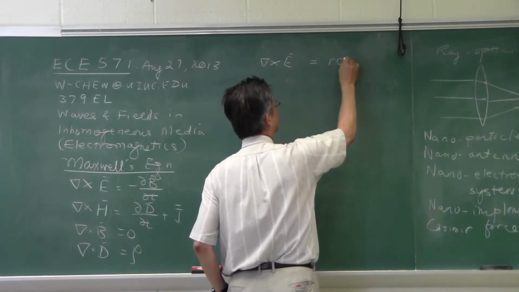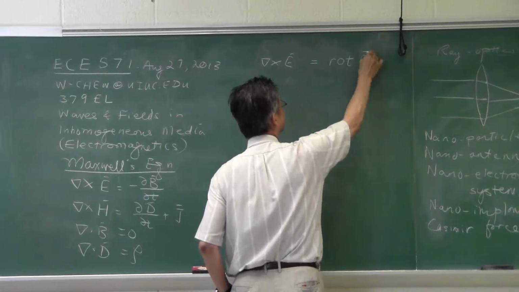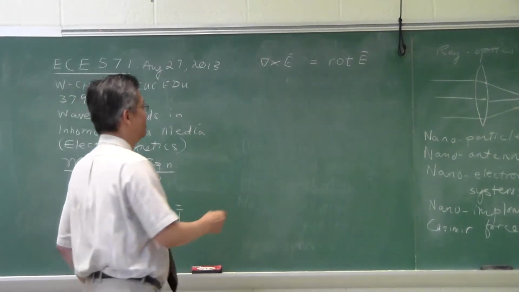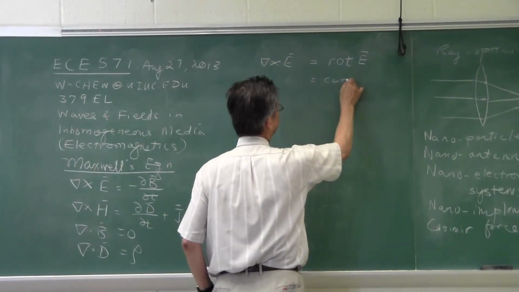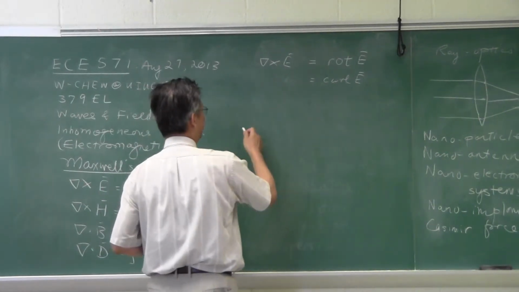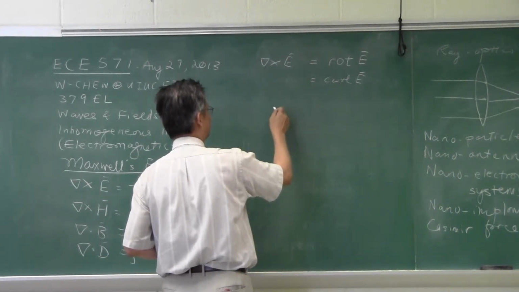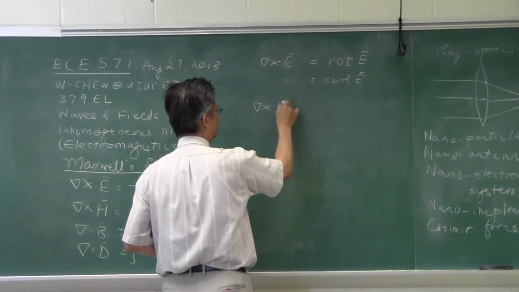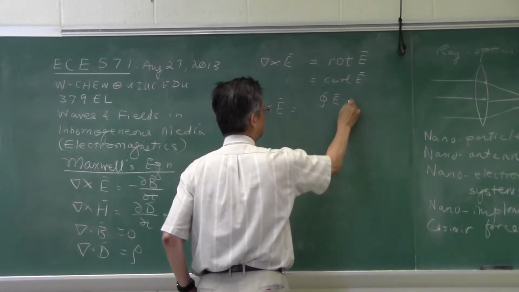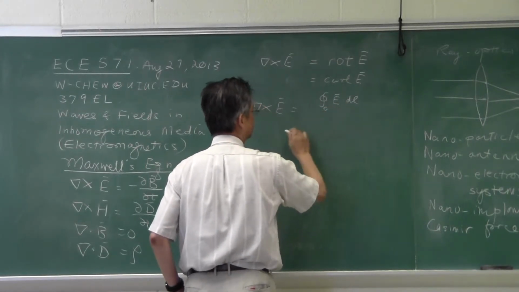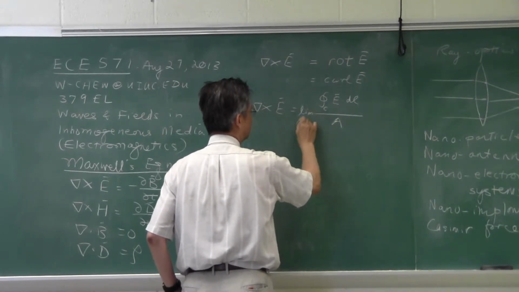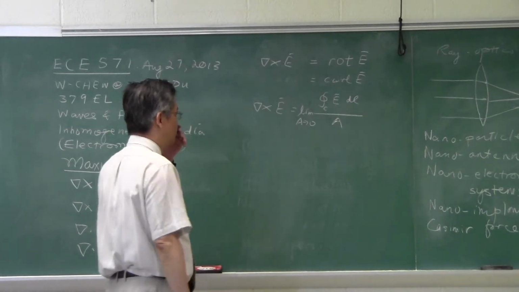In old notation, if you look at some old textbook, we still use this notation, rotation of E. Of course, you also see the notation curl of E. So curl of E is essentially, if you have an electric field, defined to be the limit of the closed contour integral of E dot dl divided by the area of the contour going to 0.